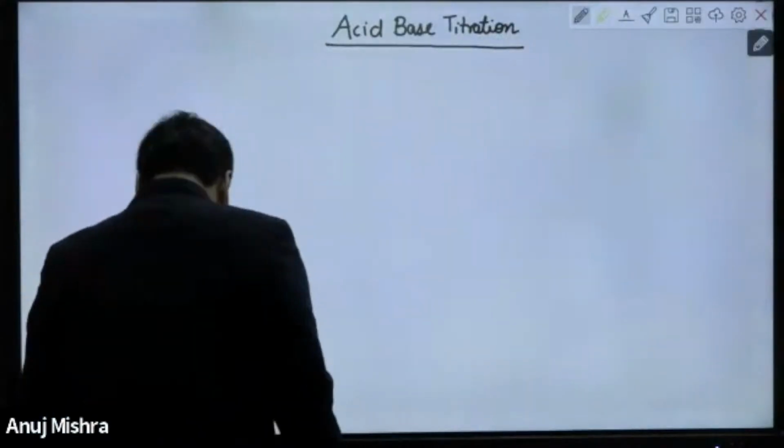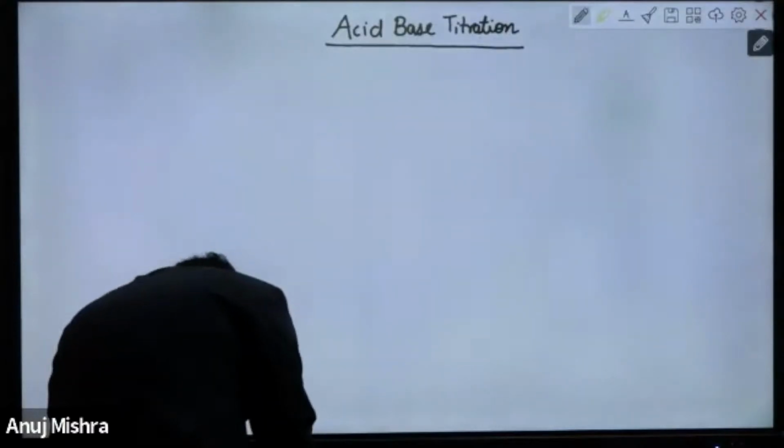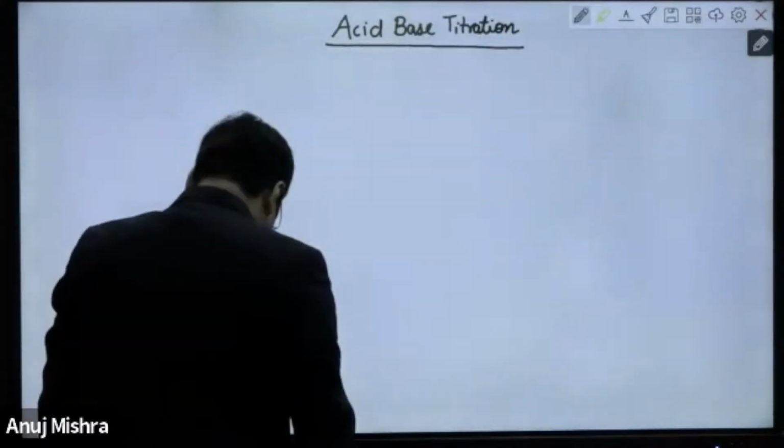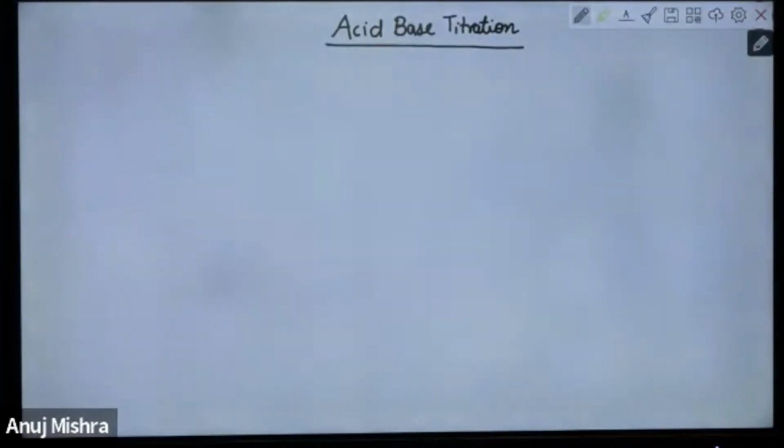What is titration? Anyone having an idea about titration? What is titration? Yes. They take a really small amount of acid and add to that solution until it is okay or slightly acidic.